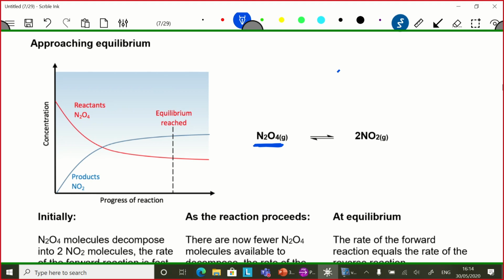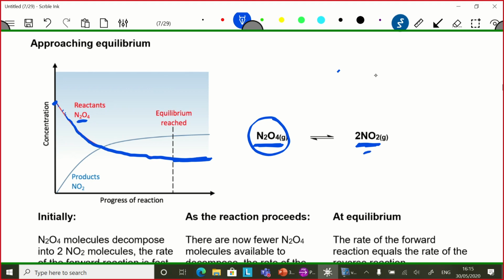If you have some of this and you put it in a container, with the time it's going to break down to form the NO2. So this is why you can see the N2O4 started, you put it in a container and you close the container. With the time, the N2O4 is going to keep decreasing, keep decreasing, and suddenly it's going to reach a plateau value.